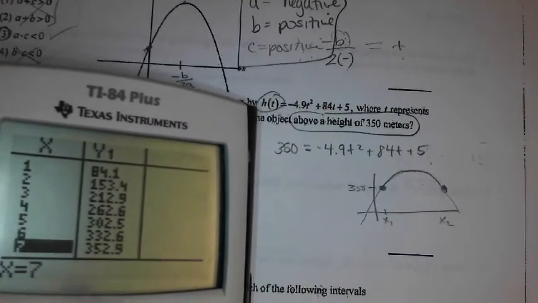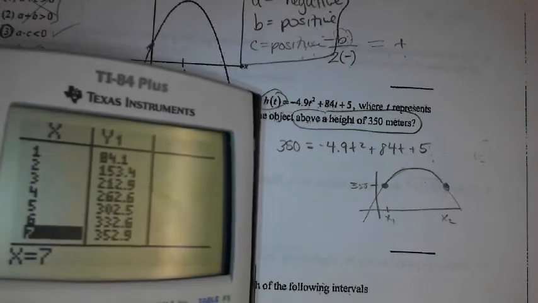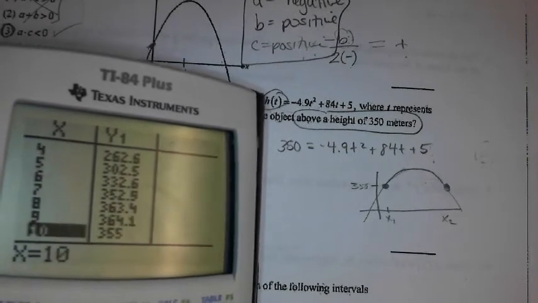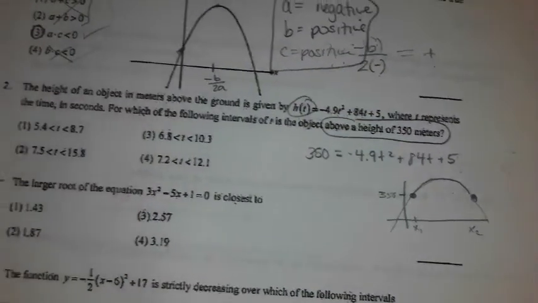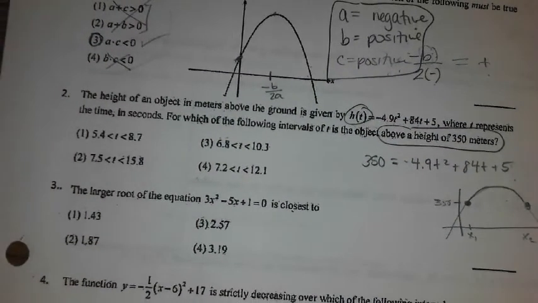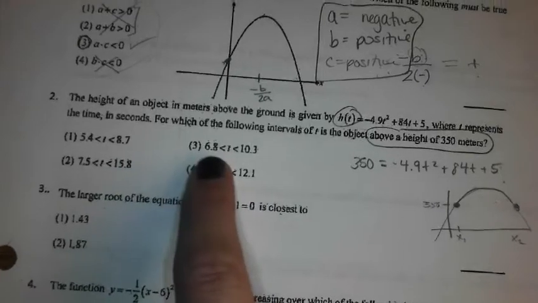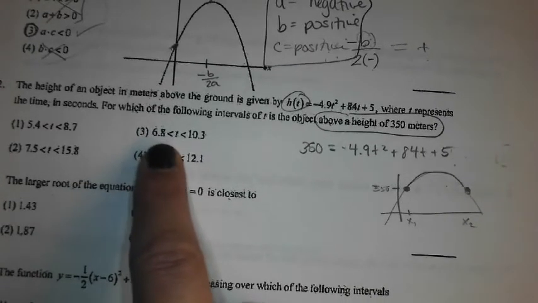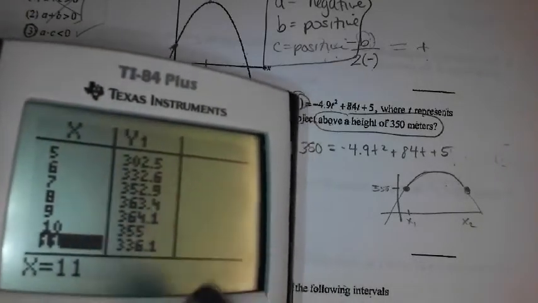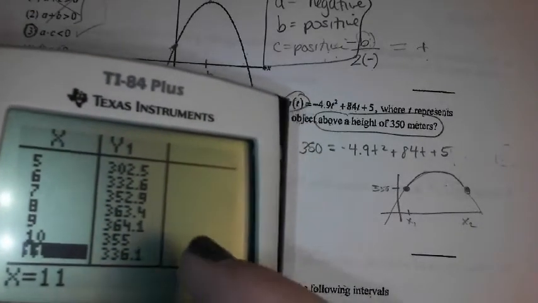So somewhere around 7 seconds, and then it starts coming back down to somewhere after 10. So it looks like maybe 3, right? That's going to get you in the ballpark, because obviously you can't get your y coordinates to be exactly 350.